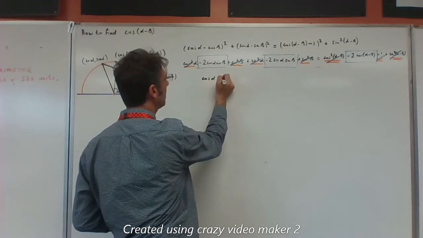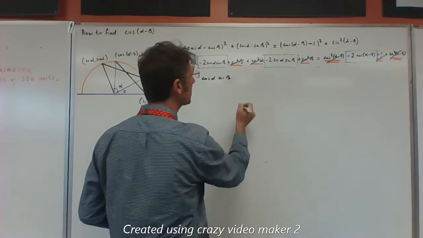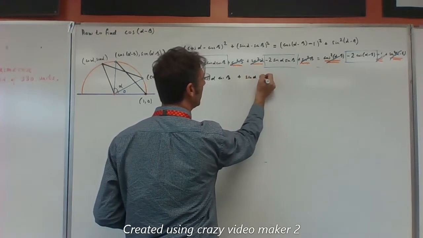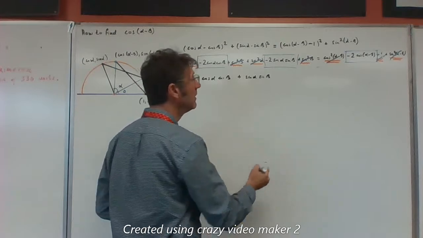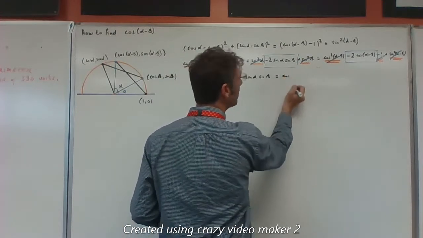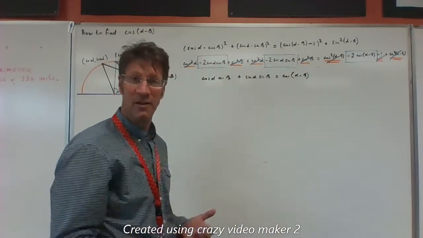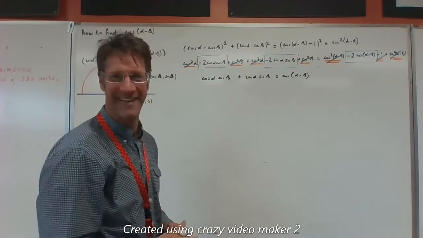Cosine alpha, cosine beta, plus sine alpha, sine beta is equal to the cosine of (alpha minus beta). And we're done. That's what it is, okay?